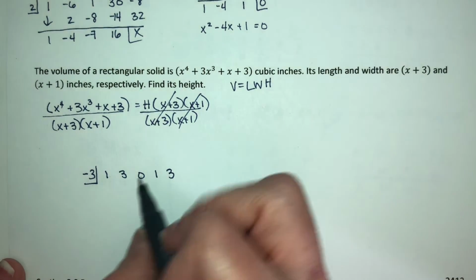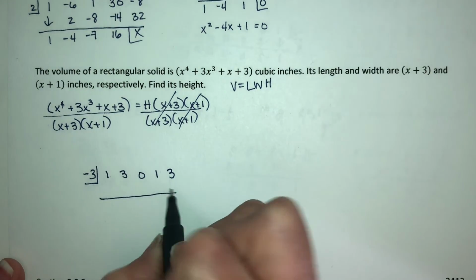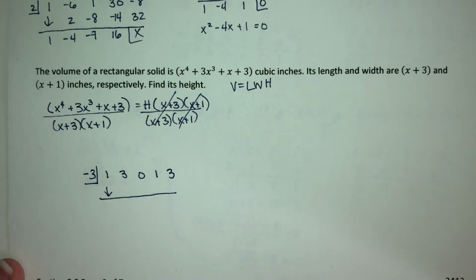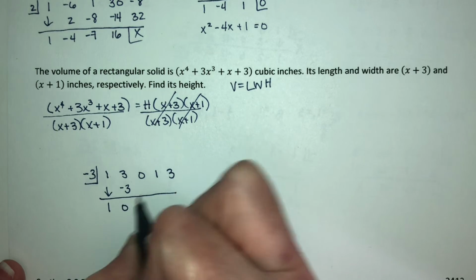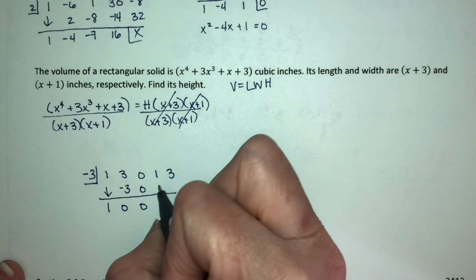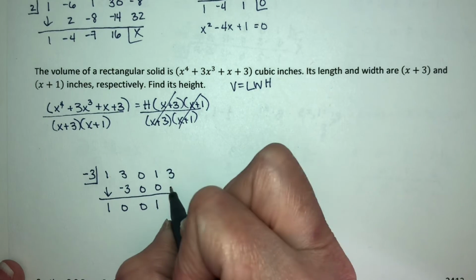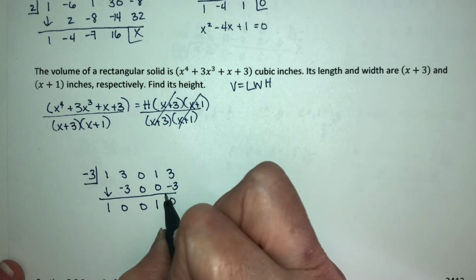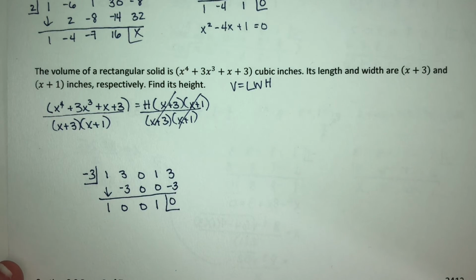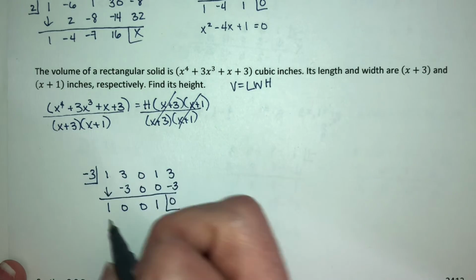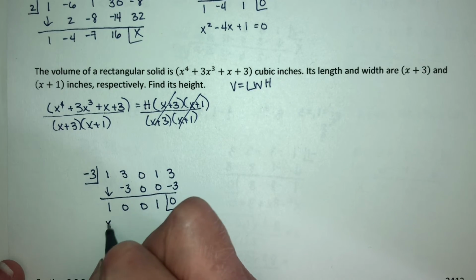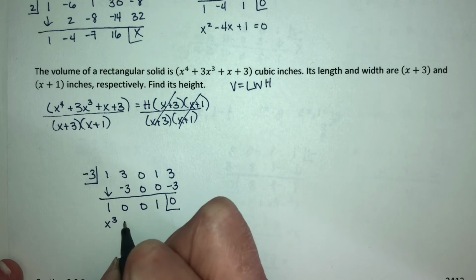One, 3, 0, 1, 3. Bring down the 1. This should divide in evenly. And I do. So now, after I've divided by x plus 3, I have x cubed plus 1.